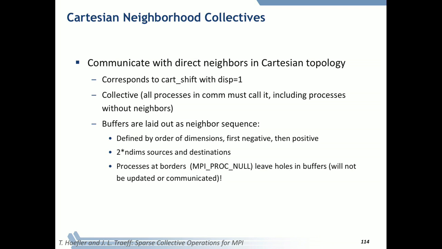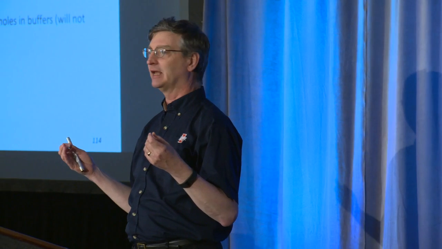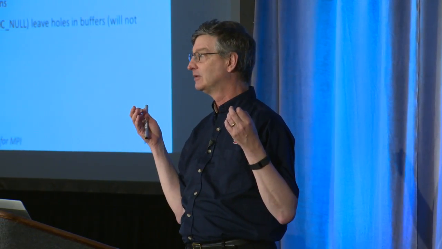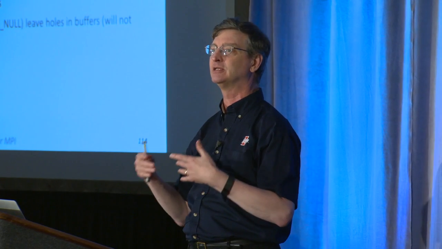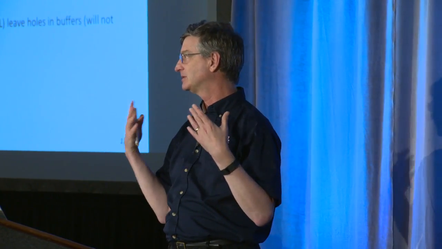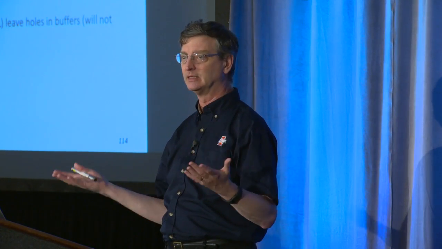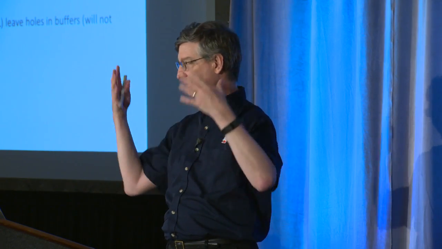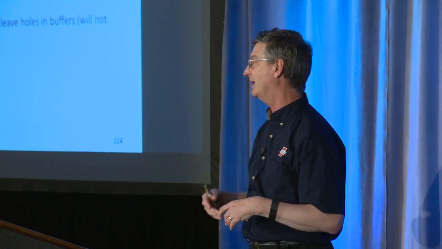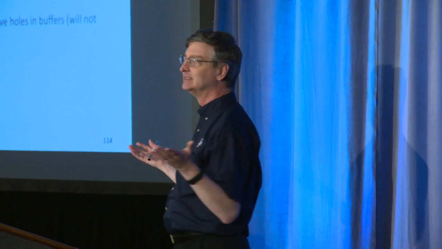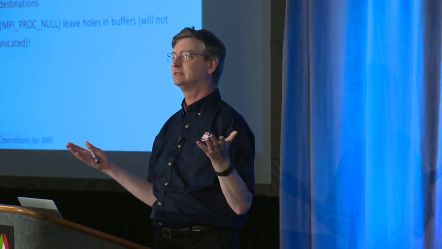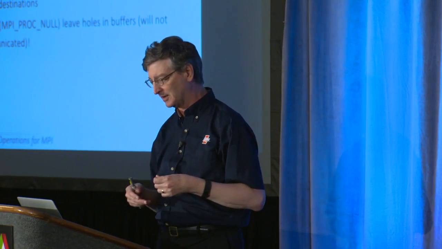The benefit that this gives for the implementation is that it knows all that's going on in terms of the communication. It means that it can do things to, for example, schedule the communications to avoid contention in the network. If you had, for example, a lightweight barrier, it could use a lightweight barrier to guarantee non-interference of the messages and so forth.